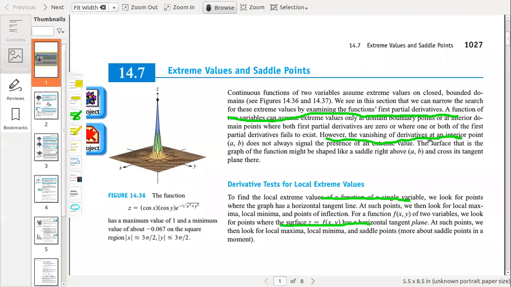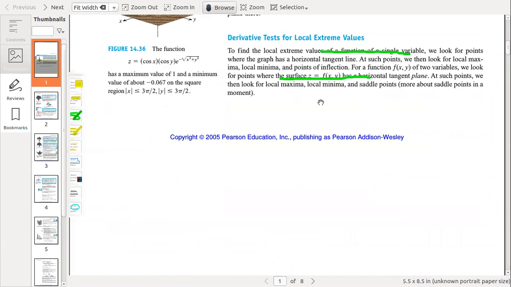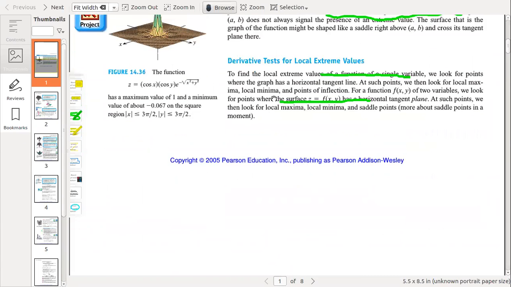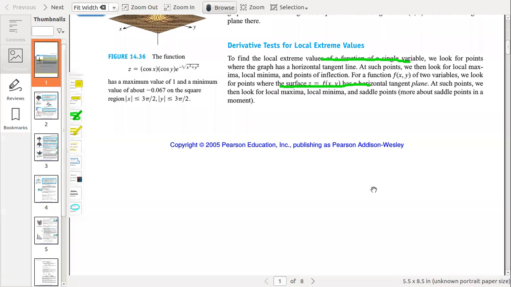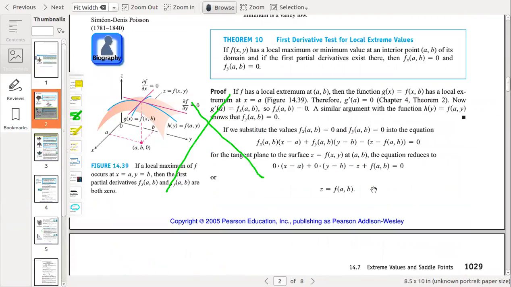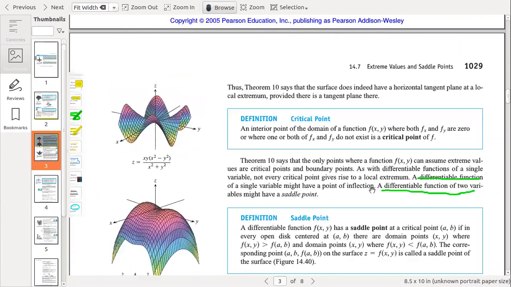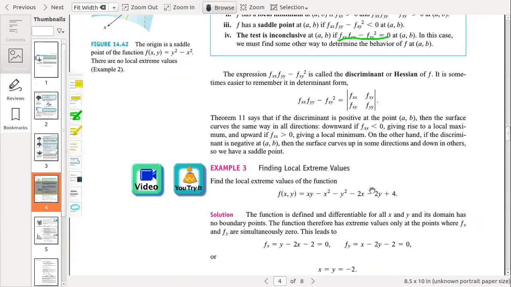Just by applying the partial derivative tests. The first order partial derivative test will tell us whether critical points exist or not, and similarly the second order partial derivative test provides us the maximum and minimum values.